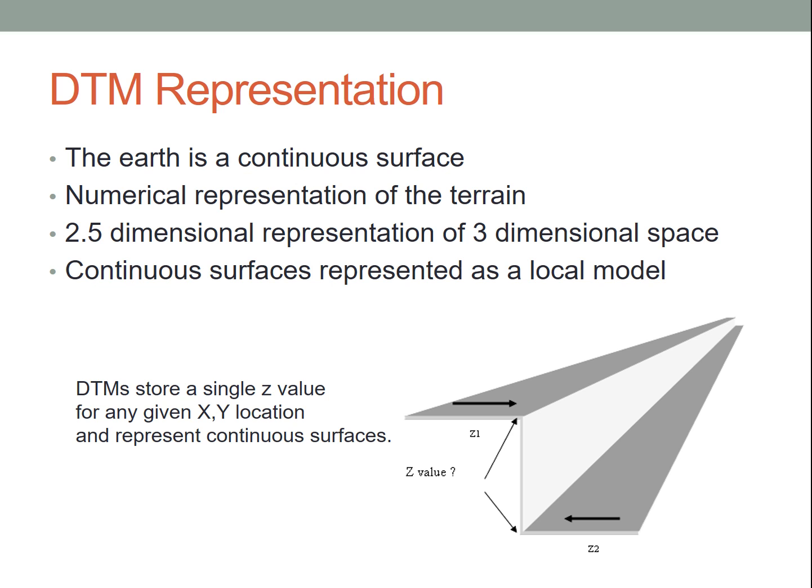So we have this continuous surface. We have a numerical representation of the terrain, right? Because we go out and we get this math model and we start working with this math model. We say, okay, now we can get some numbers. And really that's what we've done, right? You go out and you collect coordinates. Well, that's a numerical representation of the location that you are at.